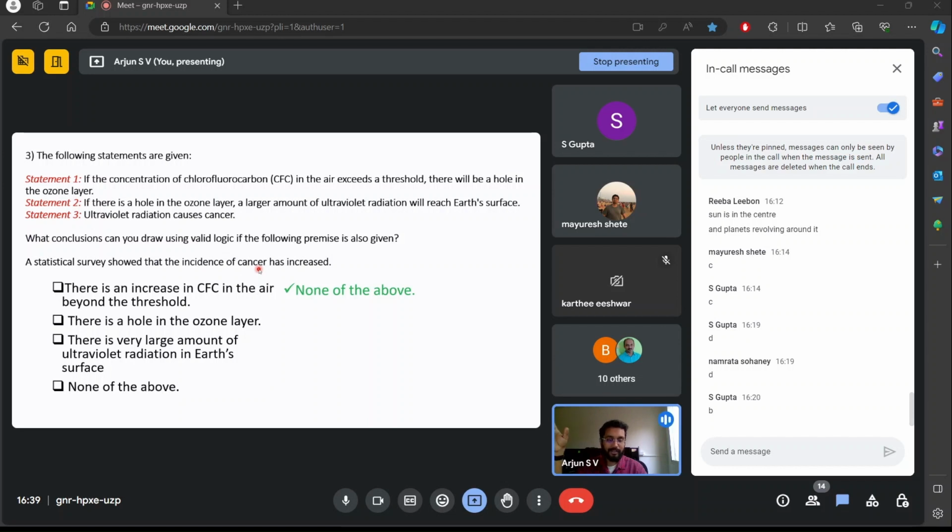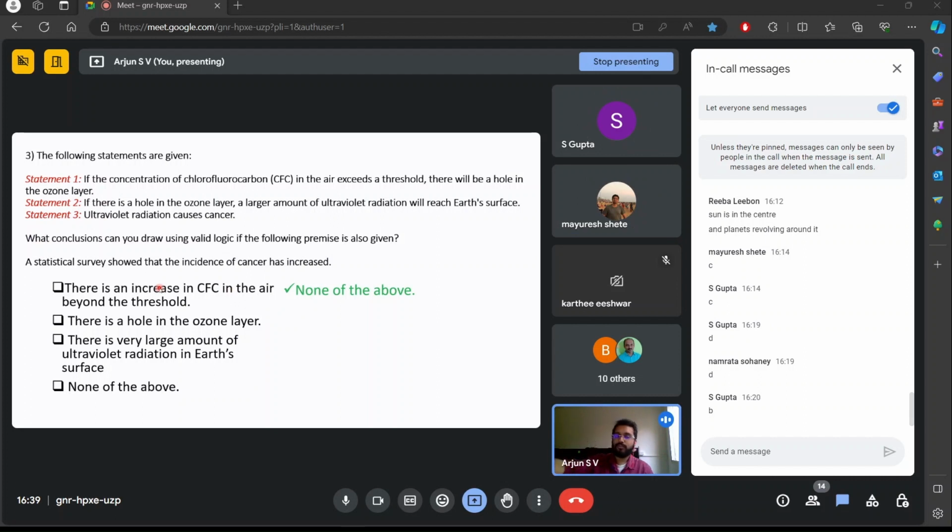Once again, applying the same kind of logic from the first option, you can't say that cancer has necessarily increased because there is a hole in the ozone layer. So you negate option 2 as well. Same goes for option 1 as well. So combine all the three statements together and get the ultimate conclusion.